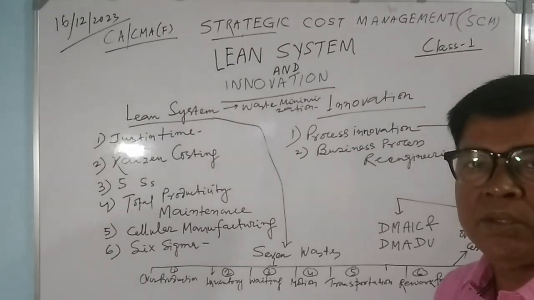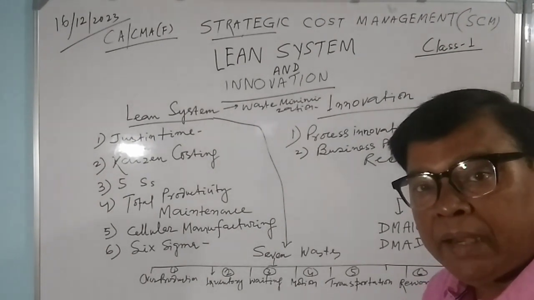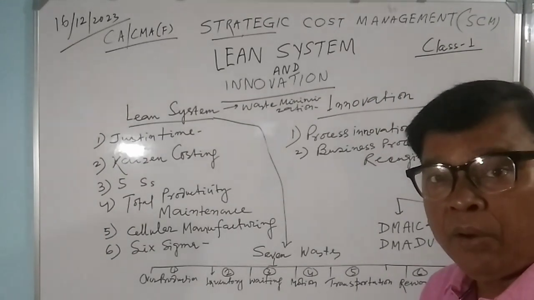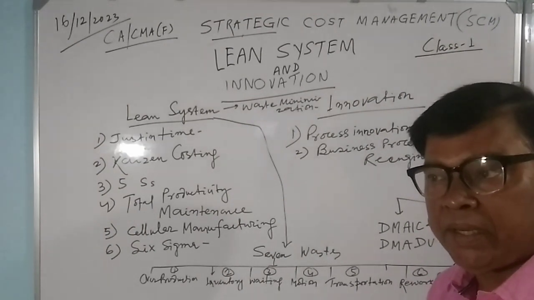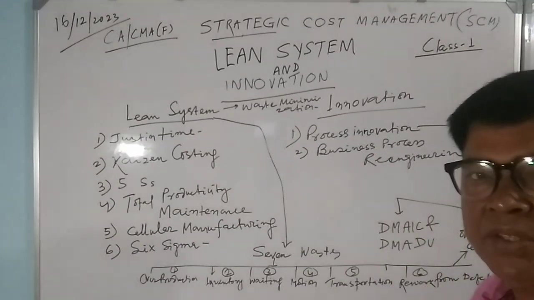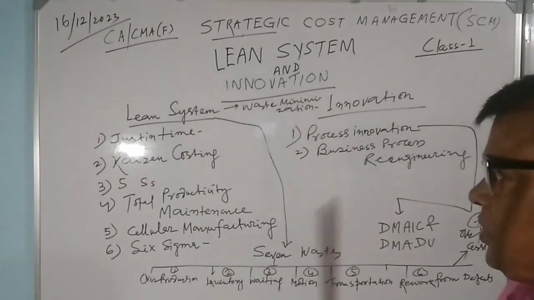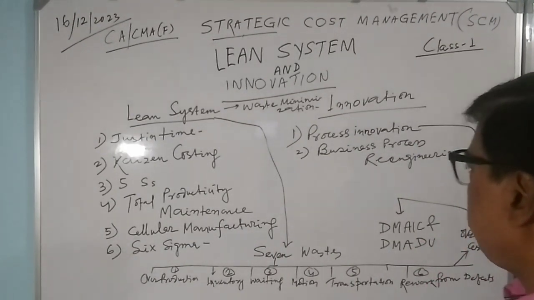So your margin will increase only because of tightening the belt. How do we tighten the belt? Not at the cost of customers, but through system improvement and efficiency. There should not be wastage in any of your processes.